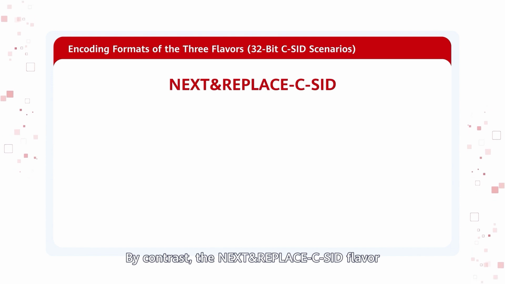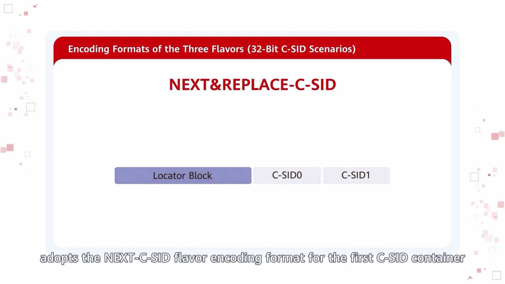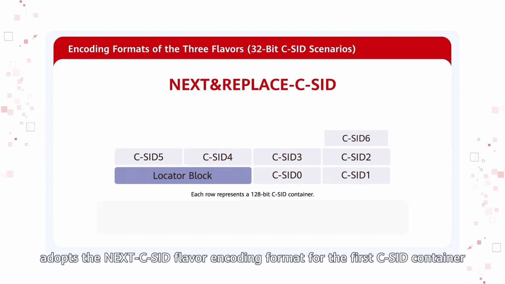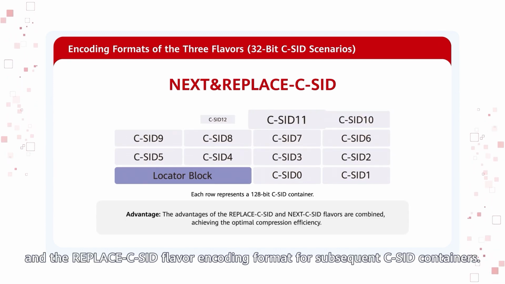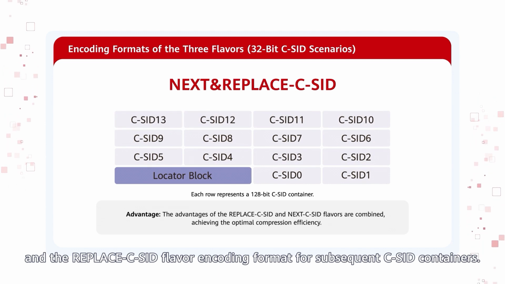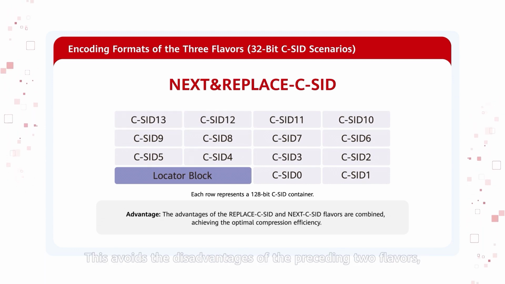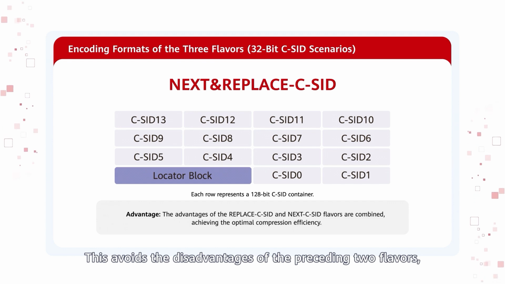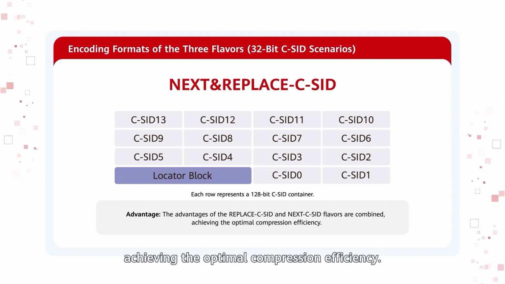By contrast, the next and replace C-SID flavor adopts the next C-SID flavor encoding format for the first C-SID container and the replace C-SID flavor encoding format for subsequent C-SID containers. This avoids the disadvantages of the preceding two flavors, achieving the optimal compression efficiency.